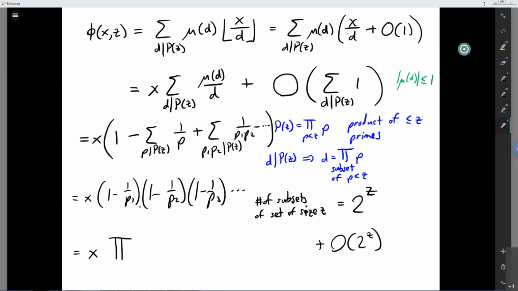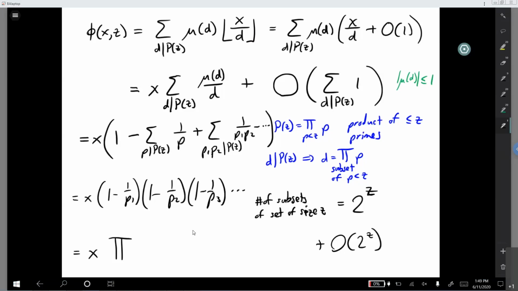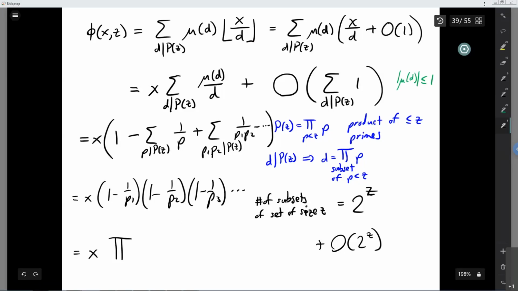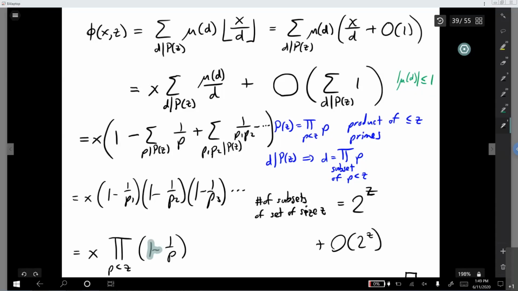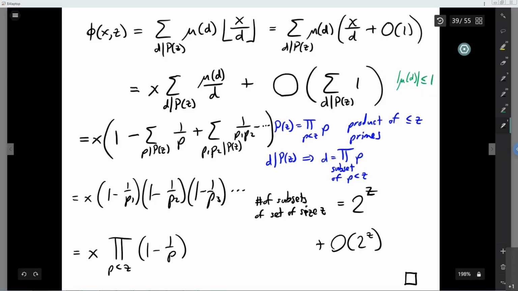If you pick all 1s except for a single minus 1 over p, that's one of the entries in this sum. If you pick all 1s except for 2 minus 1 over p's, so maybe minus 1 over p1, minus 1 over p2, that'll give you an entry in this sum, and the minus signs cancel out to make this positive, and so on. And so if we write it using this capital pi for product, we end up with this main term that the theorem told us we should get for the size of this function.